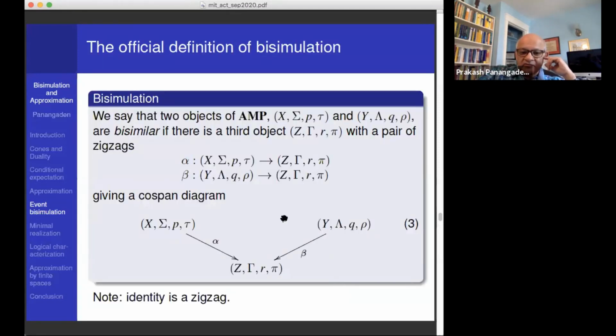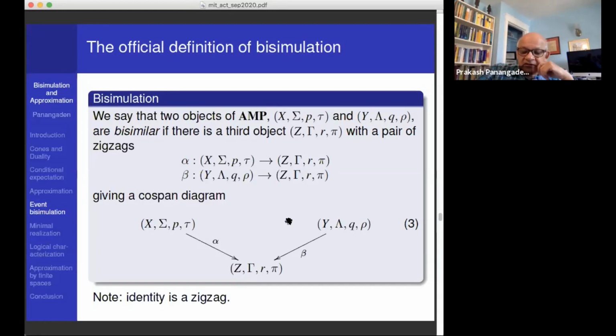Okay, so let me give you the official definition of bisimulation. We have these two AMPs, abstract Markov processes. So again, this is a probability triple with a Markov structure on it. And so is Y. So we will say that they are bisimilar if I can find a third object in that category and a pair of not any old morphisms, but zigzag morphisms, in the sense I defined, that go like this.